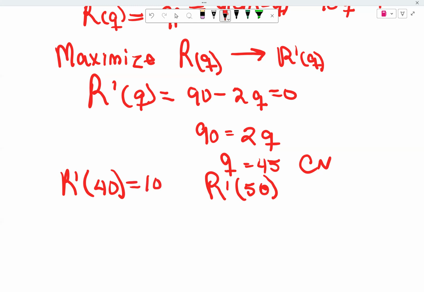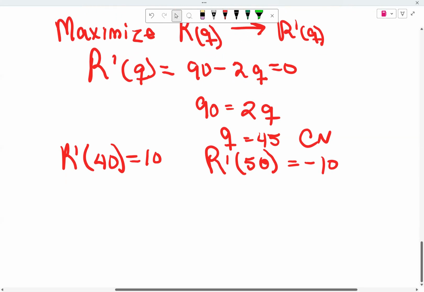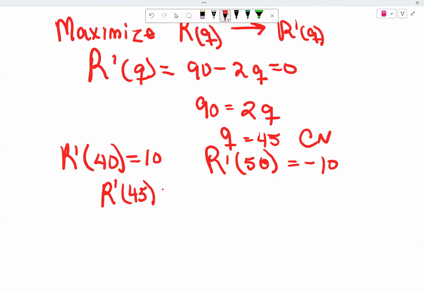Sorry, I had to do the math. Now for this value, we have negative 10. We can see that there's some increase happening at R of 45. So let's find that number out. You throw that into your calculator, and with Q at 45, you end up with 2025, which is the maximum net revenue. That is your max revenue.